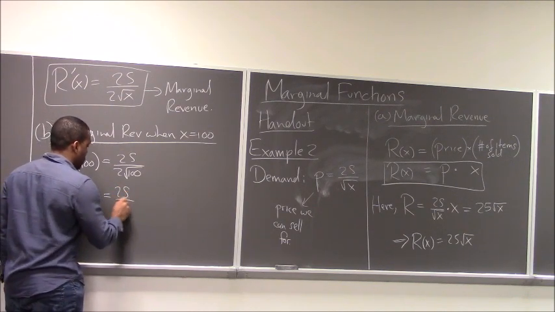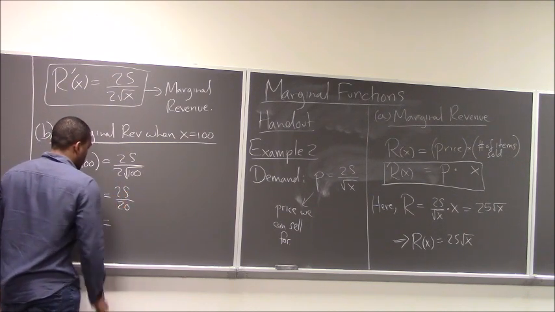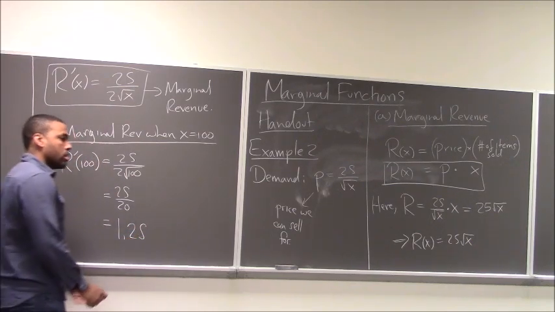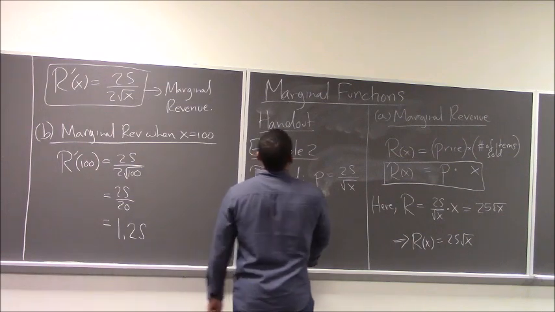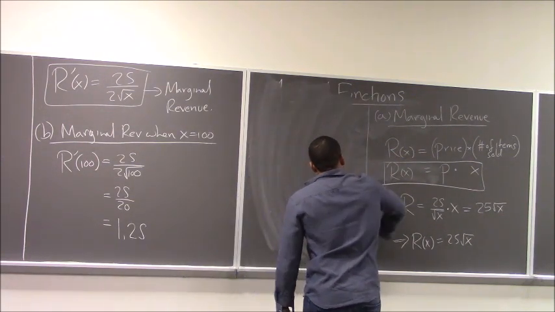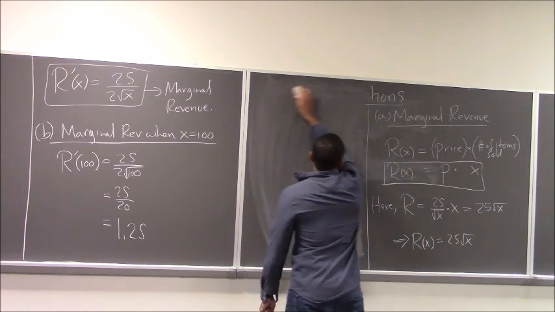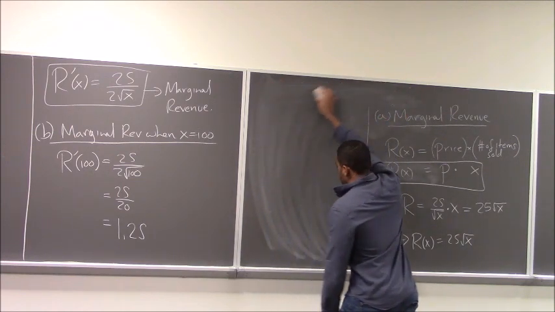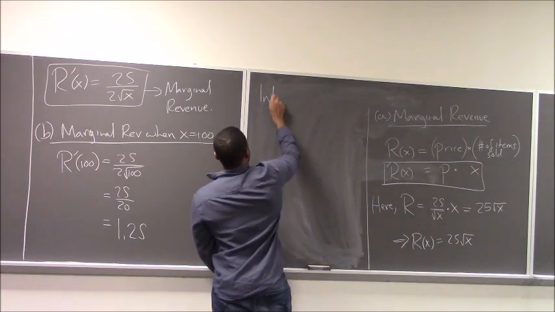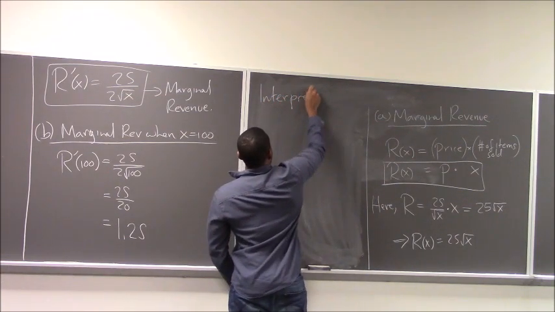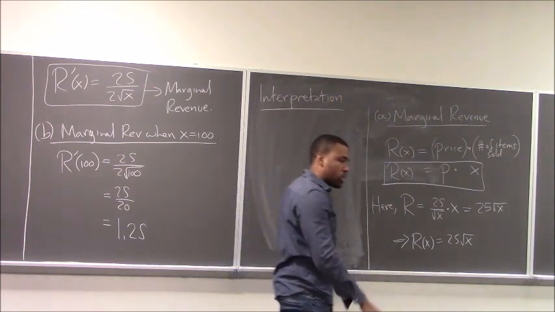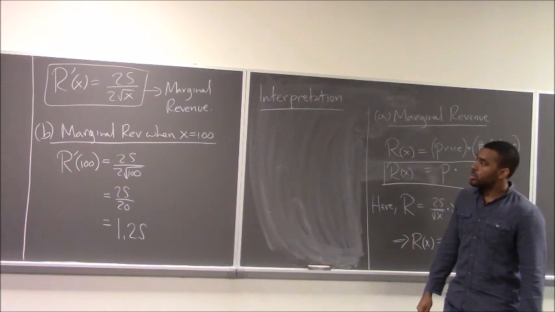So that gave us 25 over 20, which was 1.25. So it says find that number and interpret that number based on what we know about marginal functions. How would you interpret that number?